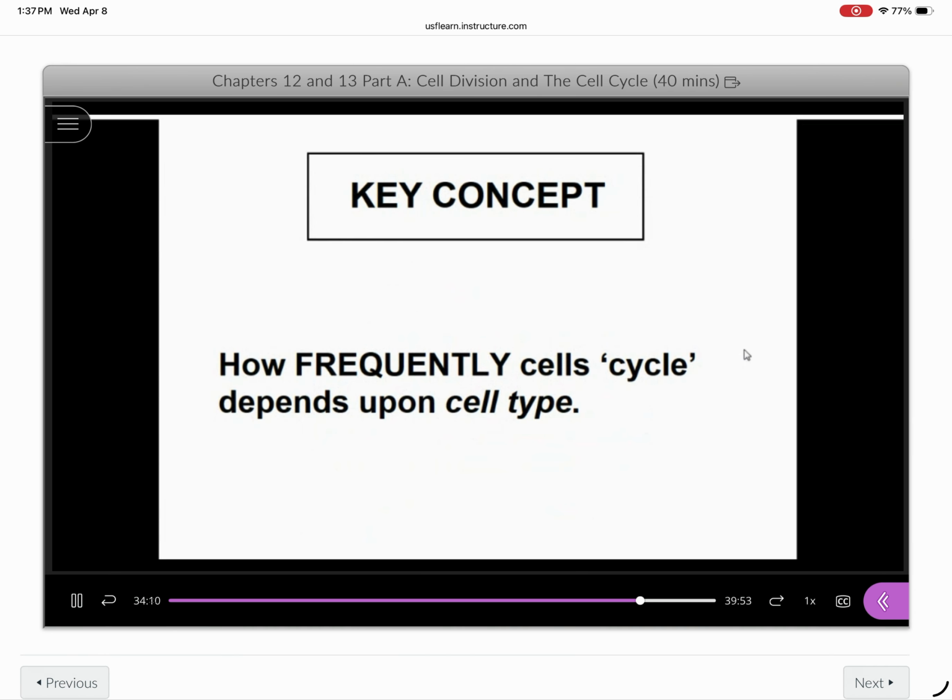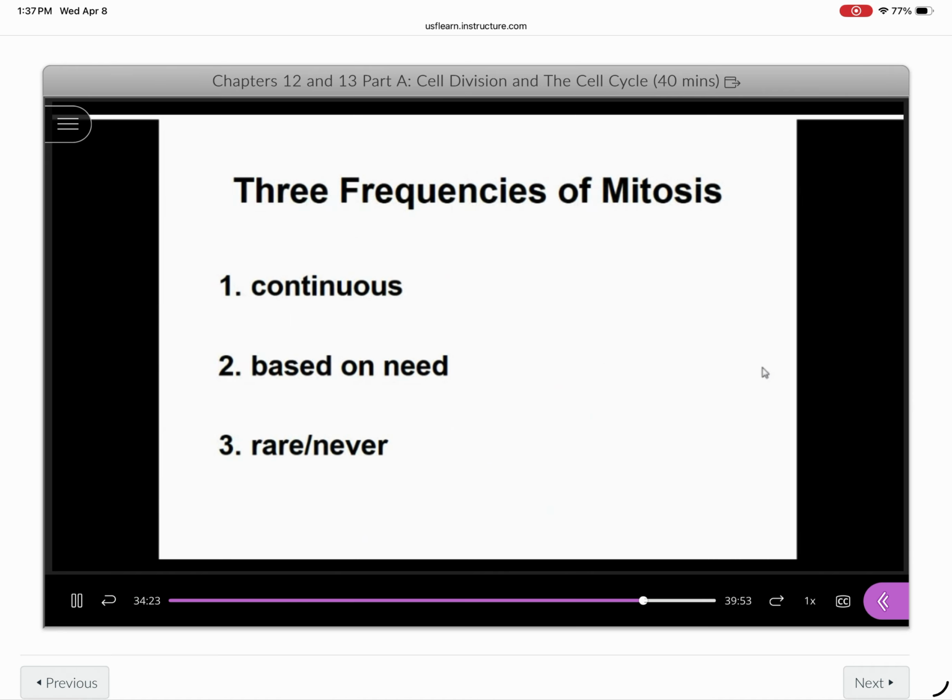Again, some cells divide, but some cells don't, and how quickly depends on the cell type. We can categorize cells into 3 categories of frequency: those cells that divide continuously, those that divide based on need, and those that rarely or never divide. Skin cells are a good example of number 1.